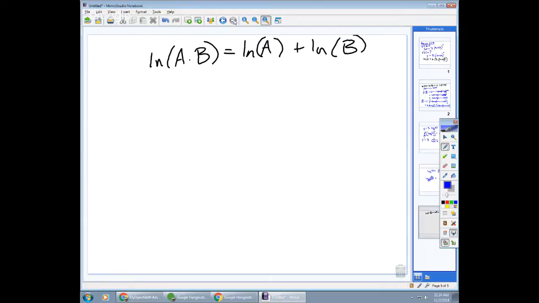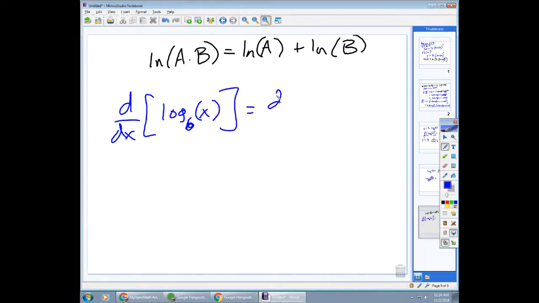So if I apply the change of base formula to log base 6 of x, then I'm taking the derivative of the natural log of x divided by the natural log of 6. Now, would you agree the natural log of 6 is just a constant? So that means I can pull it out.